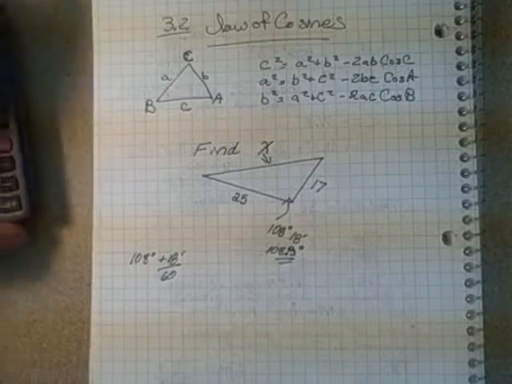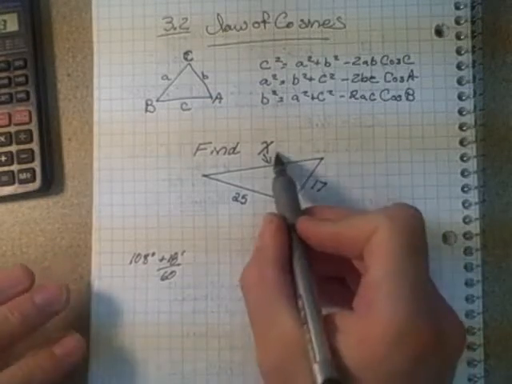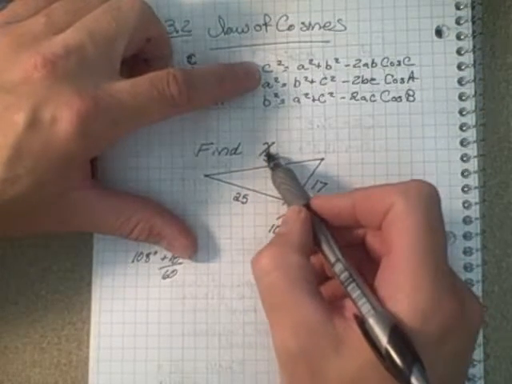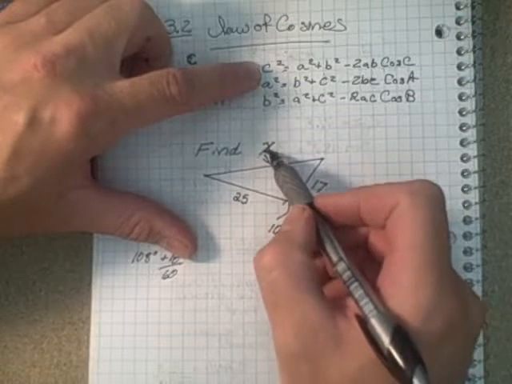Okay, so we can use the law of cosines to calculate this side. Our unknown side, not the given side, is what we want to calculate.